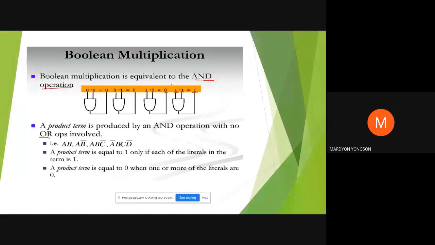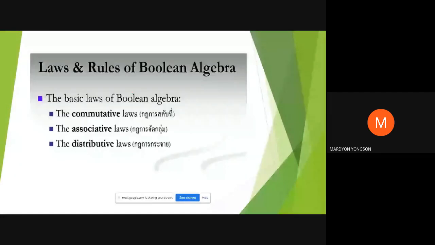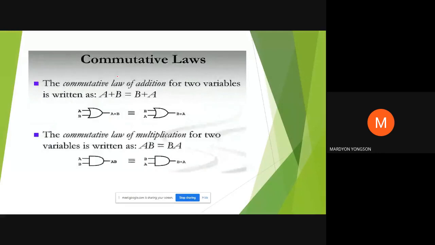And also, we have other rules for Boolean algebra. We have commutative laws, associative, tsaka distributive laws. So for commutative, we have the sample. So the commutative law of addition for two variables is written as a plus b equals b plus a.